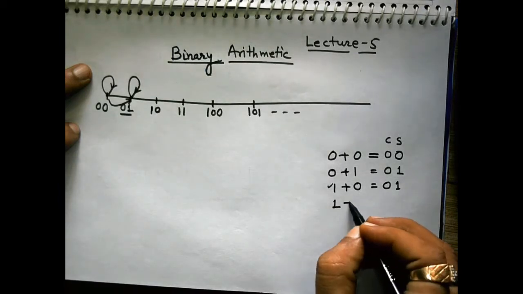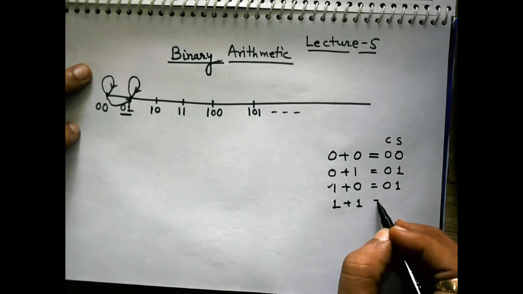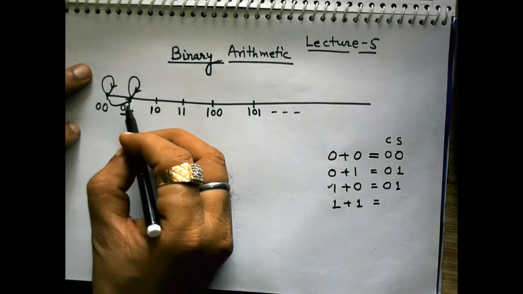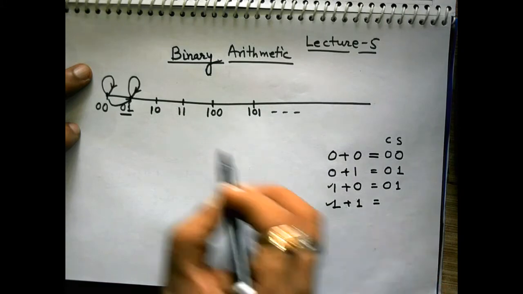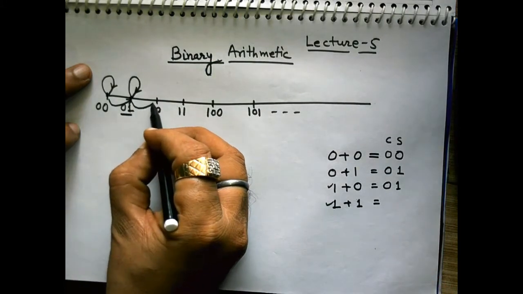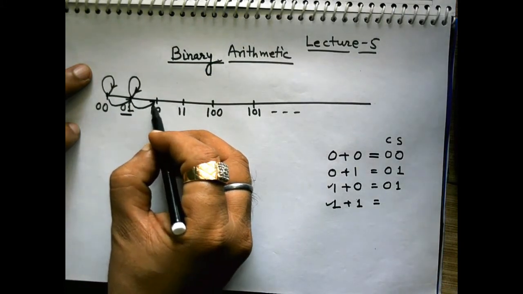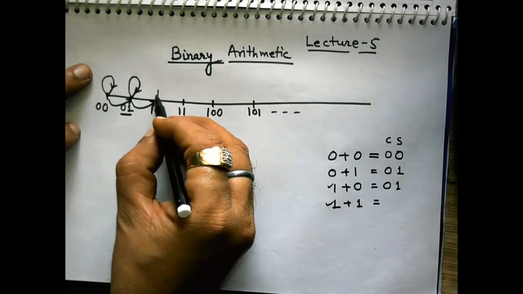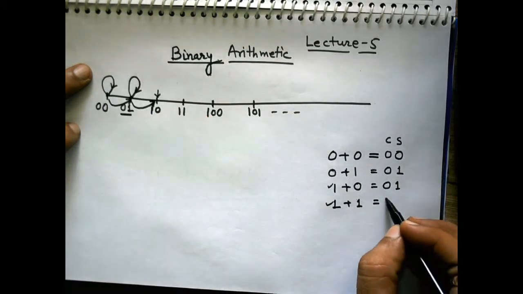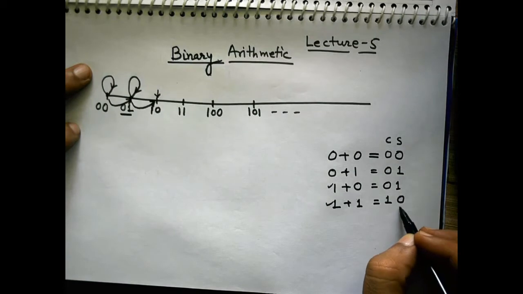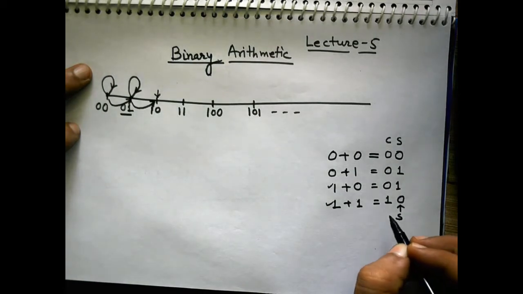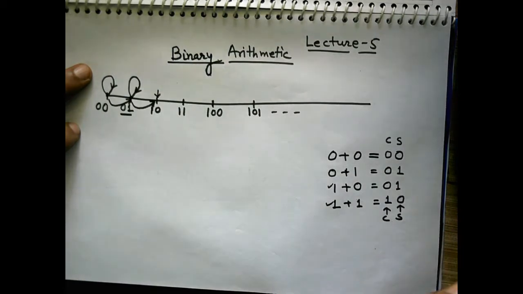But if we wish to add 1 and 1, then we are at the 1 and moving just one step to the right on this number line and reaching this position, means 10. In this situation the sum is 0 but the carry is 1.